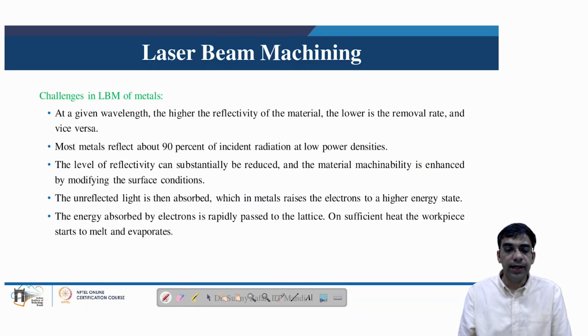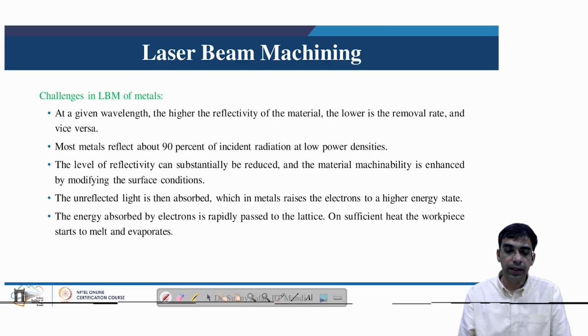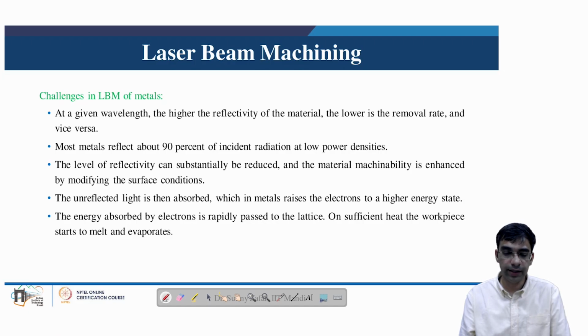So the challenge in laser beam machining, as we just talked about, is the reflectivity of the material, which is one of the main challenges that lowers the material removal rate. In the case of metals, they mostly reflect 90% of the incident radiation at low power densities.